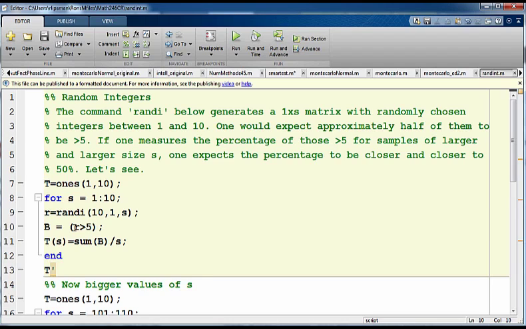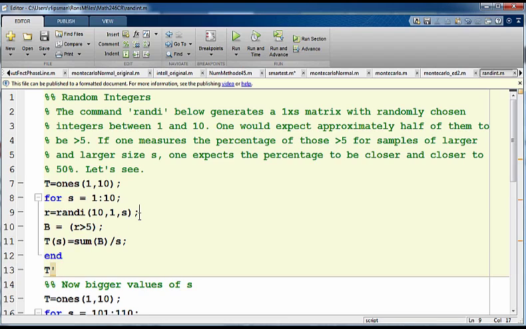If it's bigger than 5, it puts a 1 there. If it's smaller than 5, it puts a 0 there. So B will be a 1 by s matrix containing only 1s and 0s, with a 1 wherever the original matrix has a number bigger than 5, and a 0 wherever the number is smaller than 5. I then, for each s, add up the 1s and divide by the number of places. In that way I get the percentage of entries which are bigger than 5. And then the last thing I do is display T as a column matrix.